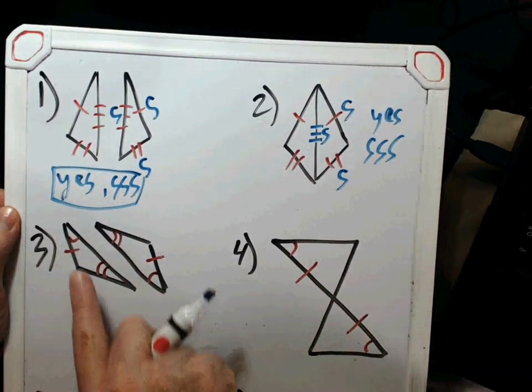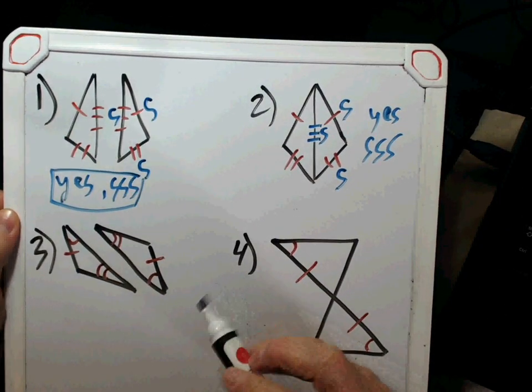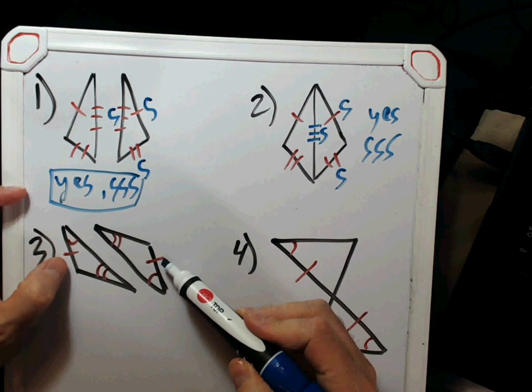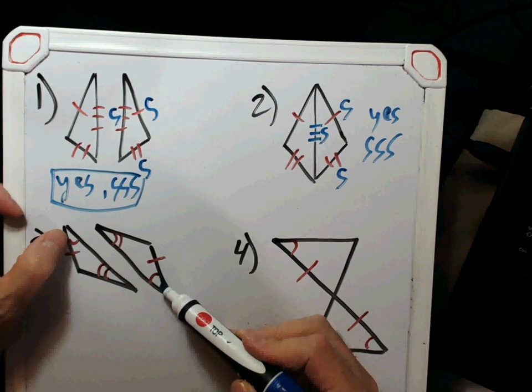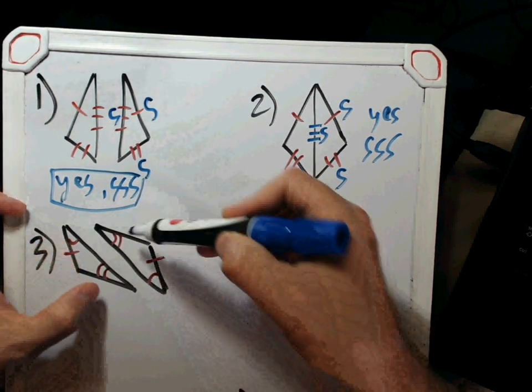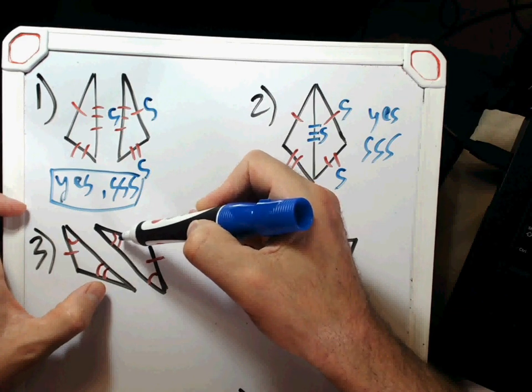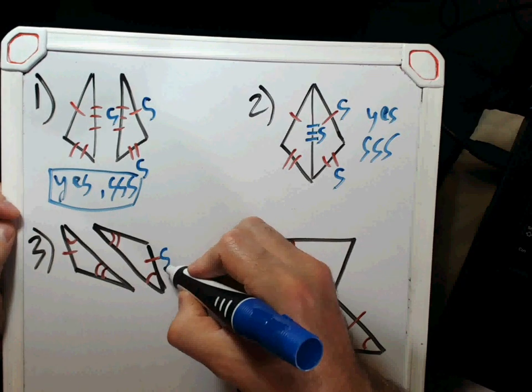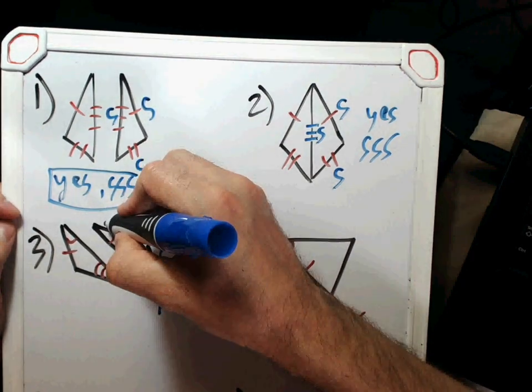Alright, take a look at this one over here. Again, reviewing what these markings mean, we have one pair of sides that's congruent. These two angles here are congruent, and then these two angles here are congruent. You see that? So we have an S here, an A here, and an A here.